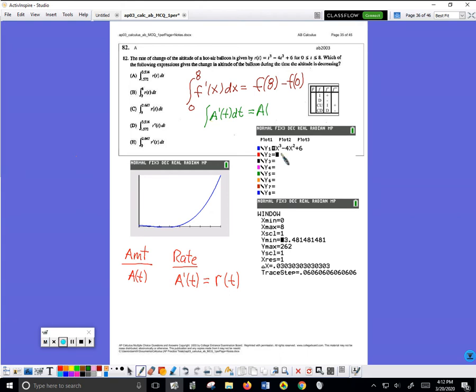So here's my formula for the rate at which the altitude changes. Down here, when this rate is negative, that's when the altitude itself will decrease. So I use my calculator to find this time period when the rate is negative.